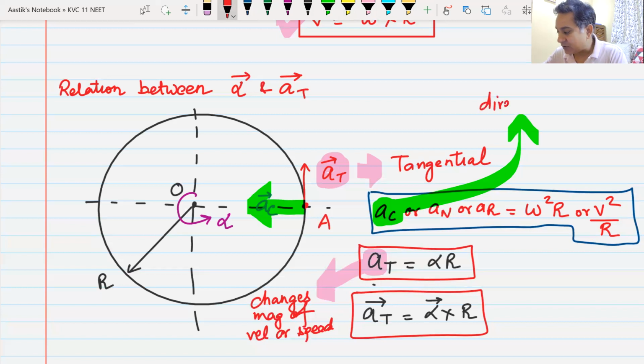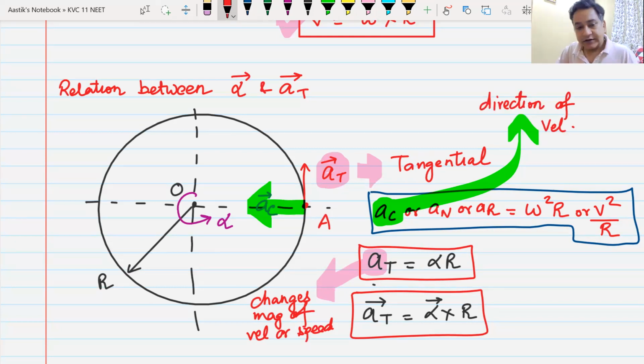Do you remember I told you about this? Normal acceleration, centripetal acceleration or normal acceleration changes the direction of velocity. Tangential acceleration changes the magnitude.